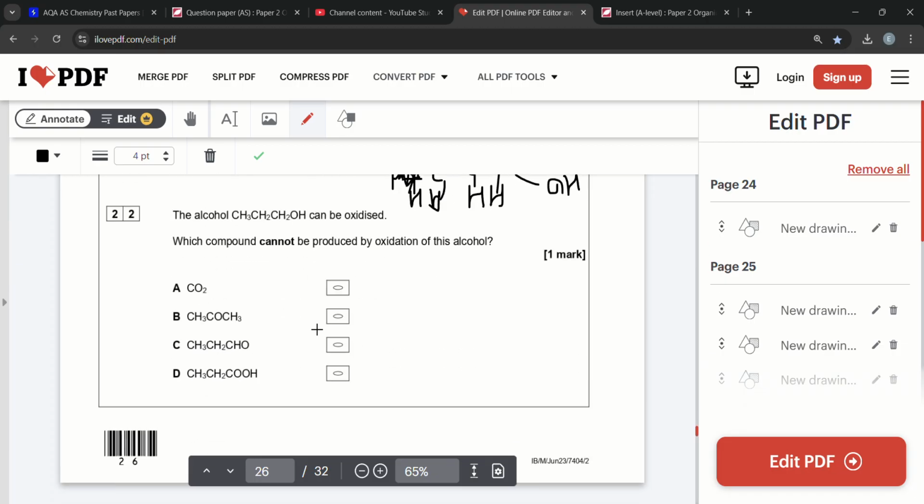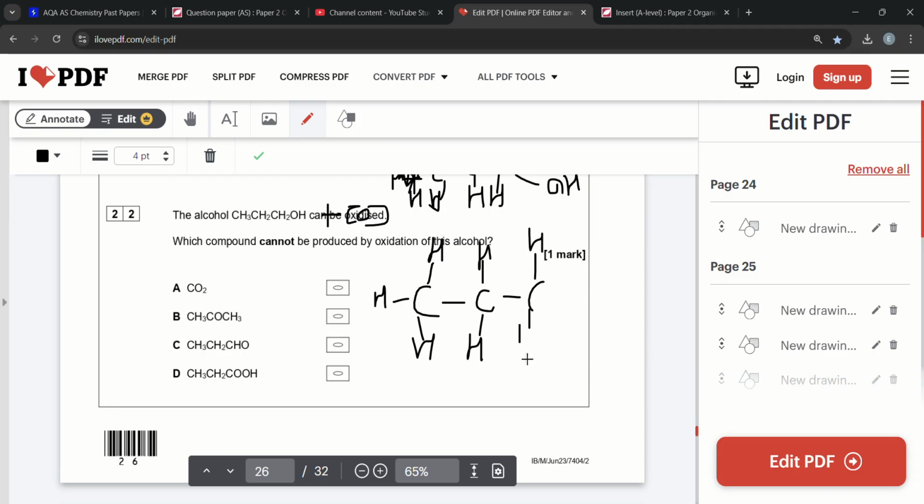So D. Which compound cannot be produced by oxidation of this alcohol? So this is being oxidized. What is this? Well, let's draw this out actually, because I feel like that will help us. If we determine whether it's primary, secondary, or tertiary, that would probably help.